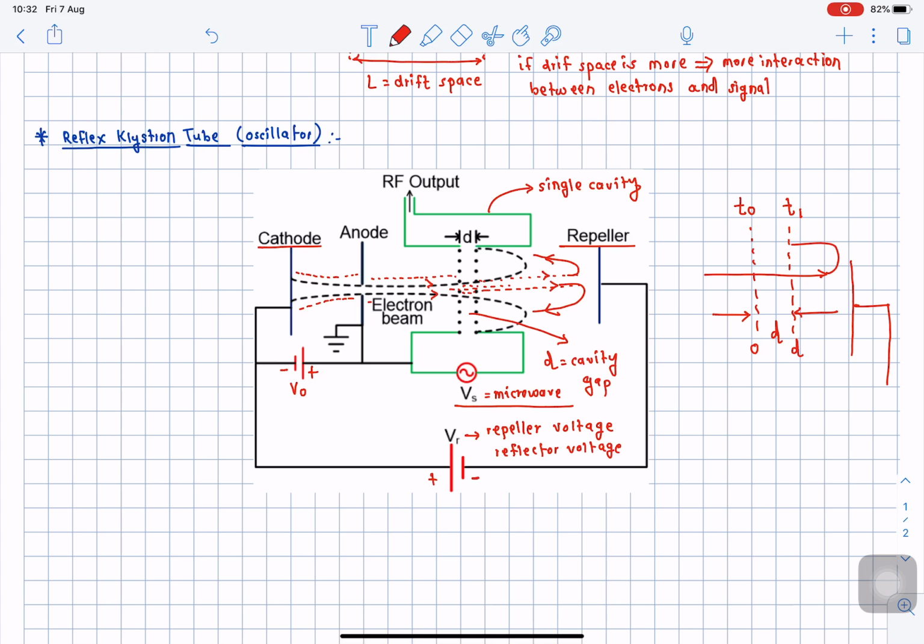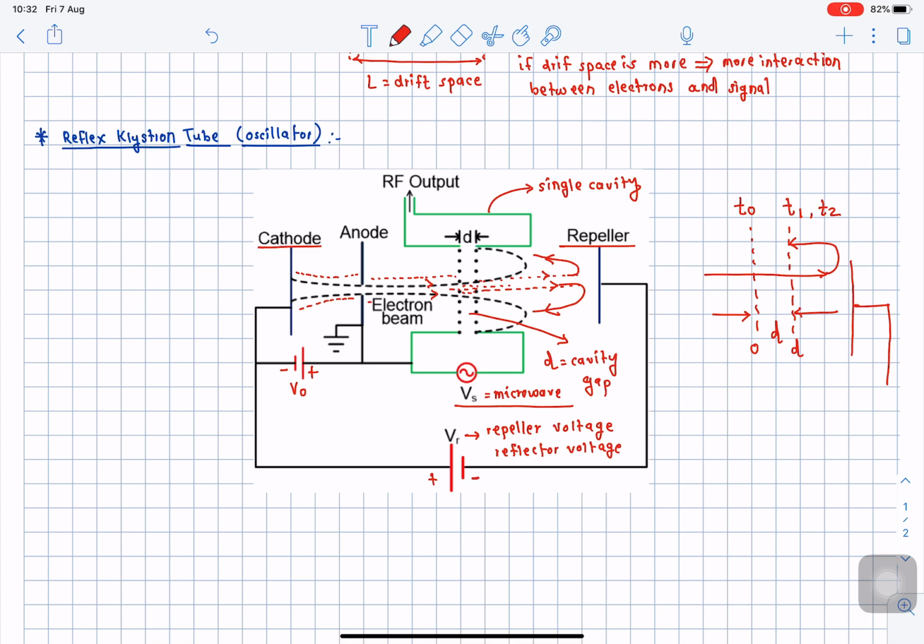The electrons which got repelled back by the repeller will come back again to the cavity at time, say, t2. So please remember, time t1 is the time at which the electrons leave the cavity, and time t2 is the time at which the repelled electrons again enter the cavity, right?